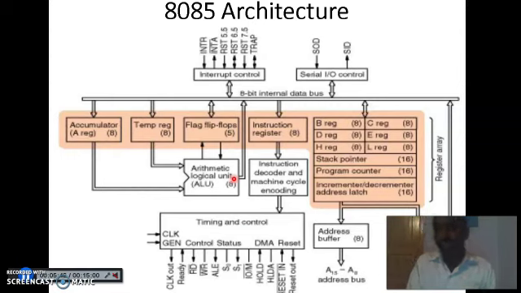Then another one, the accumulator. It is an 8-bit register, also called the A register. The function of the accumulator is to hold the data during arithmetic and logical operations.